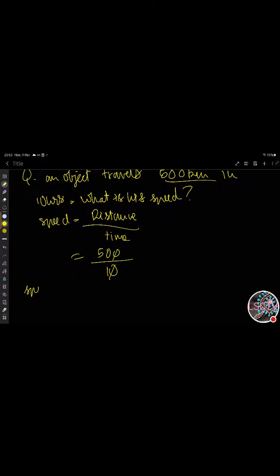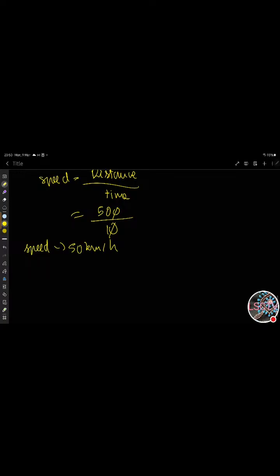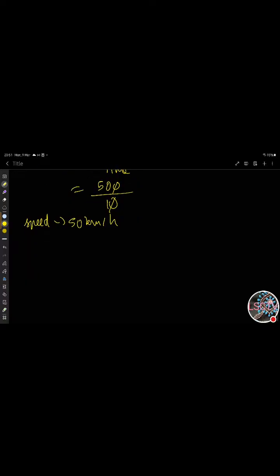His speed is 50 kilometers per hour. So his speed is 50 kilometers per hour. Fine. This was easy.